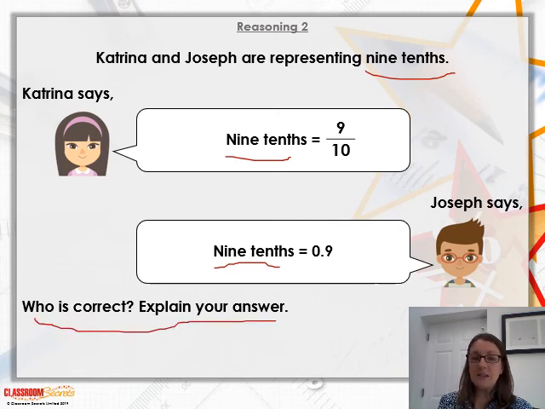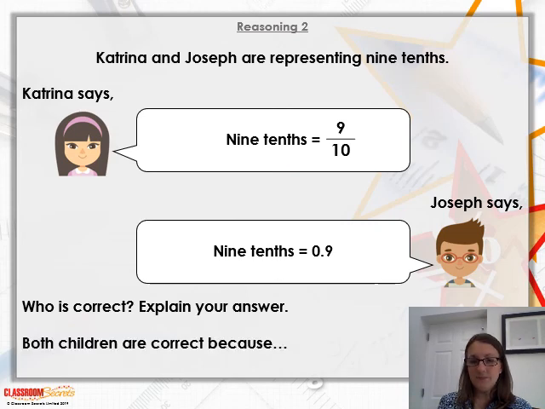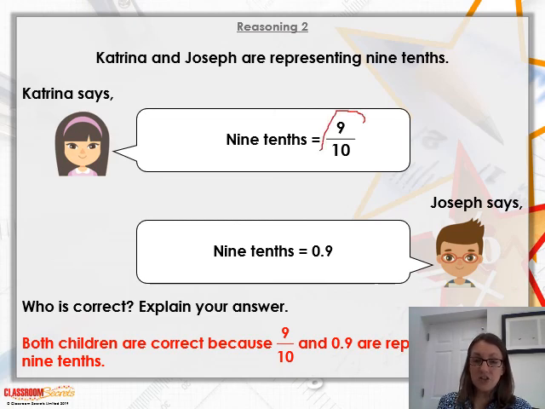And can you explain your answer? Okay, they are in fact, and I hope you recognize, they're both correct because 9/10 as a fraction is written like this, and as a decimal is written 0.9.